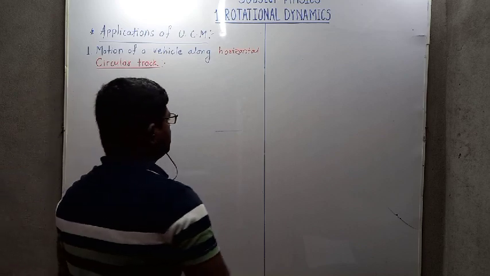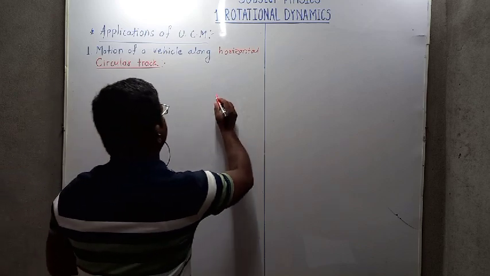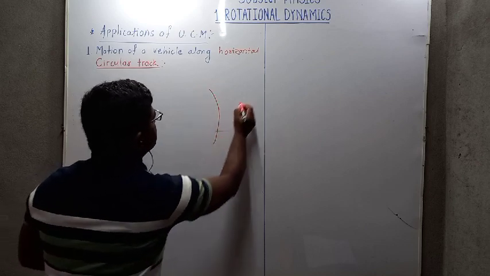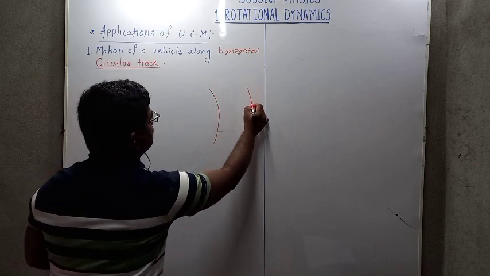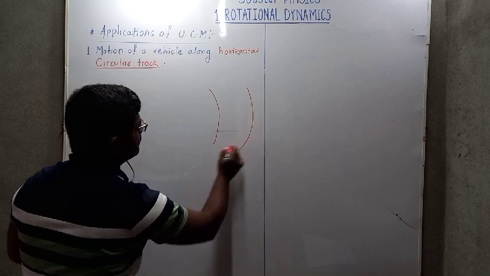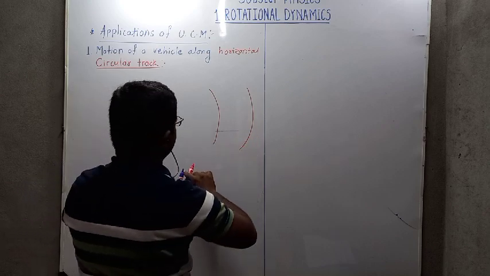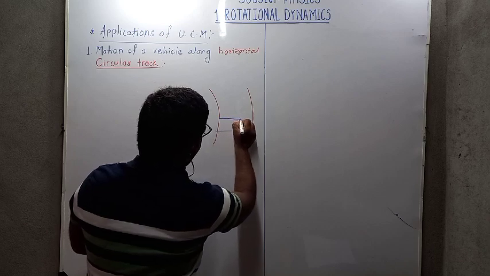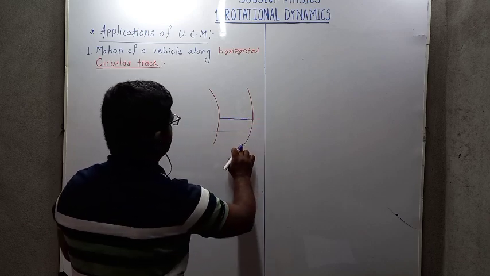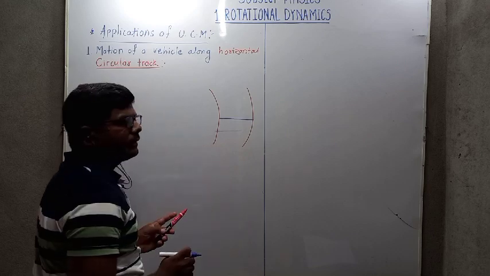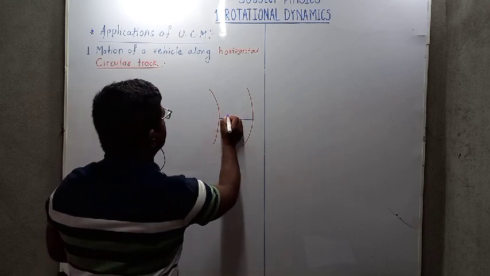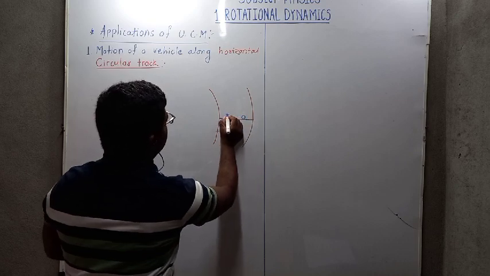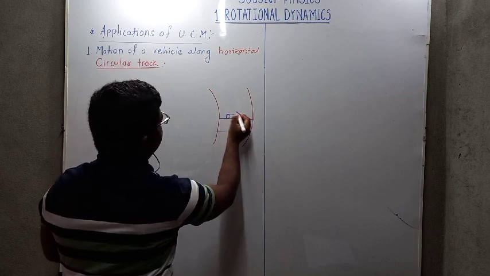Now suppose this is a horizontal circular track, and this will be a vehicle.